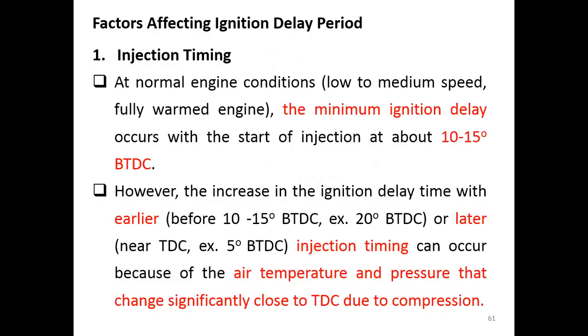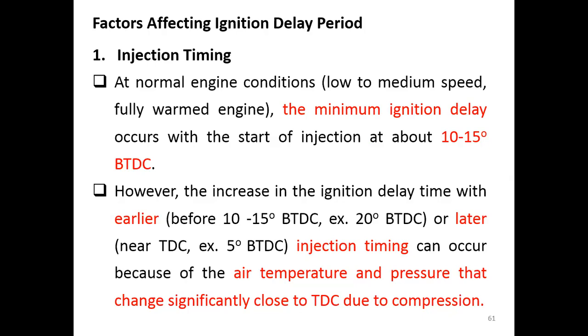Okay, so again, the same as in the SI engine, we have to look at the factors affecting the combustion in the CI engine. We only look at the ignition delay period, because this is a very important step in the combustion of the CI engine.